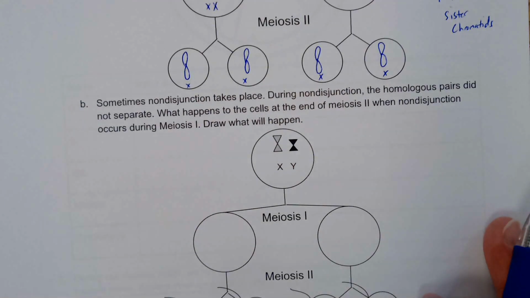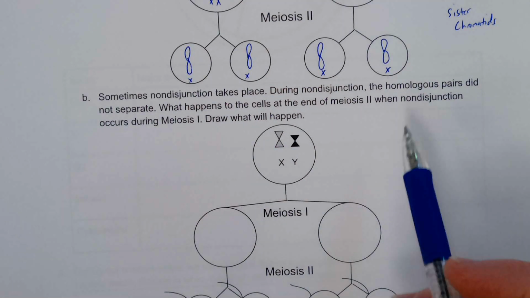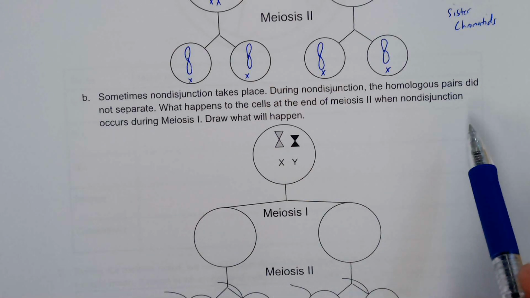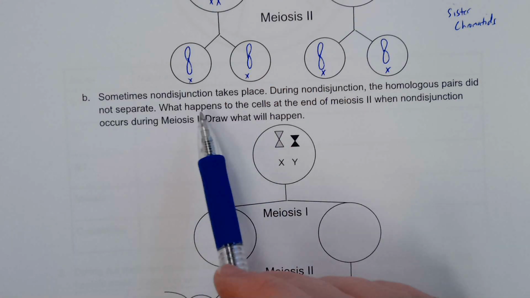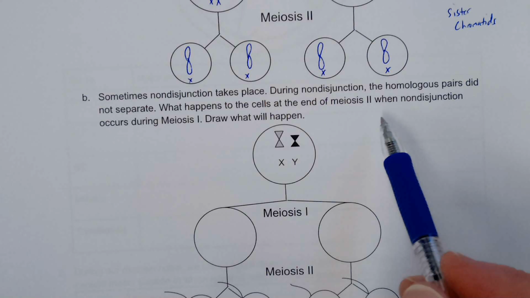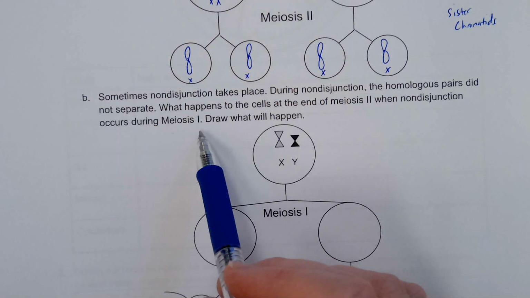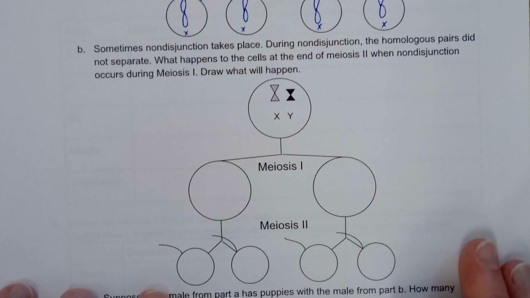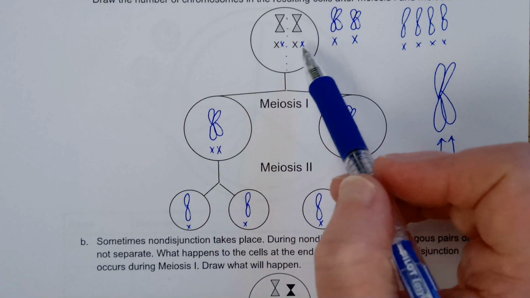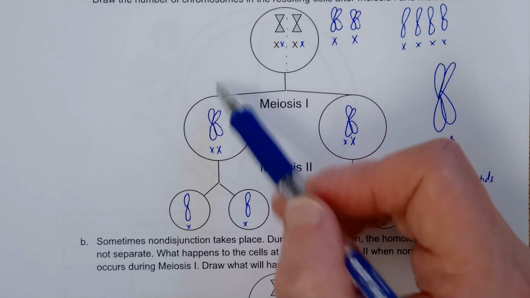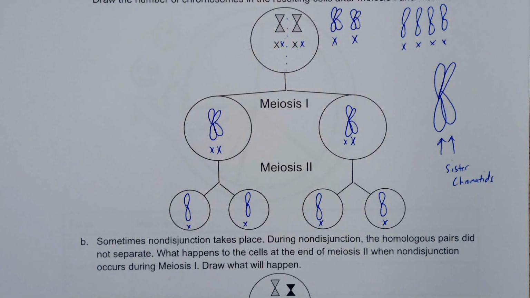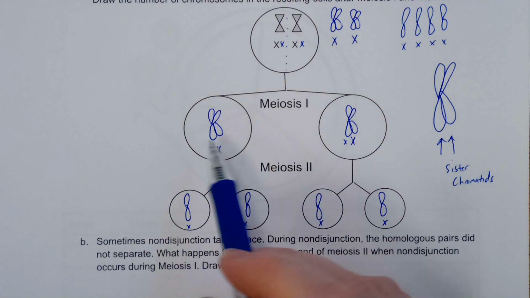Sometimes non-disjunction takes place. During non-disjunction, the homologous pairs did not separate. What happens to the cells at the end of meiosis 2 when non-disjunction occurs during meiosis 1? Draw what will happen. So before, these two got separated and then they split over here. Okay, so they got divided up into two different cells.